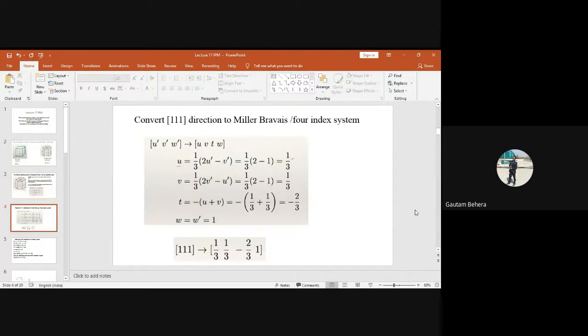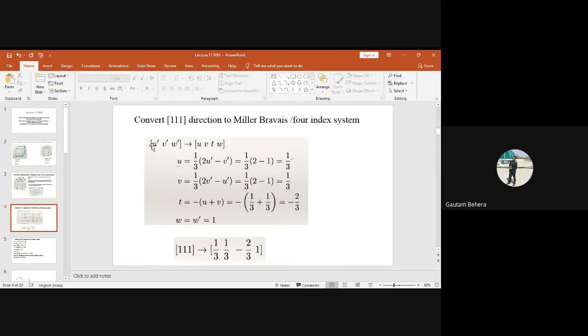Now, the question is to convert this one direction. That means this is a 3 coordinate system, right? So convert this 3 coordinate system, that is the 1 1 1 direction, to Miller-Bravais, or 4 index system, or Miller-Bravais coordinate system, right? So we know this is the formula which is written over here.